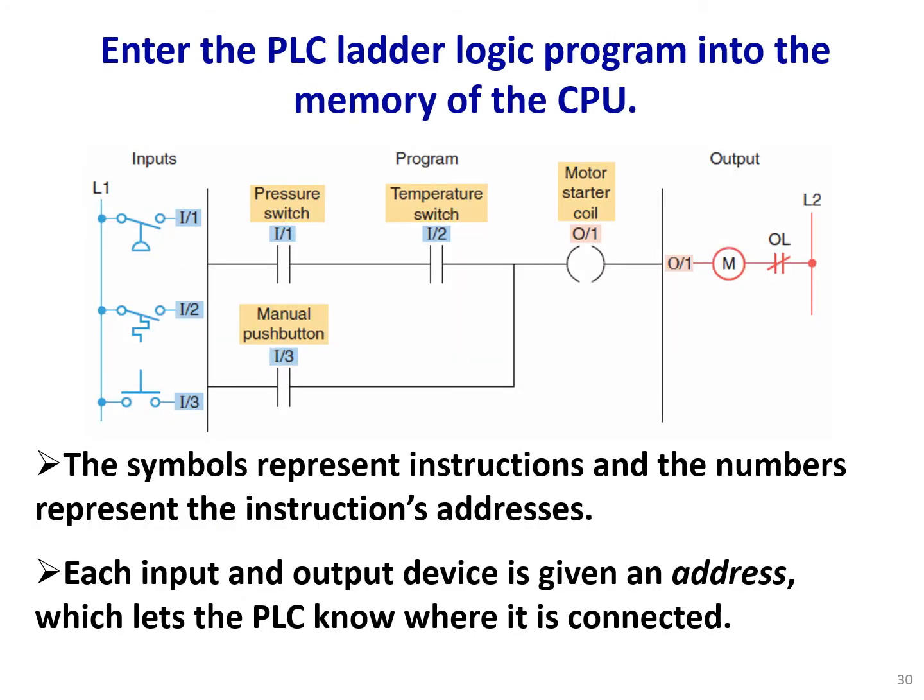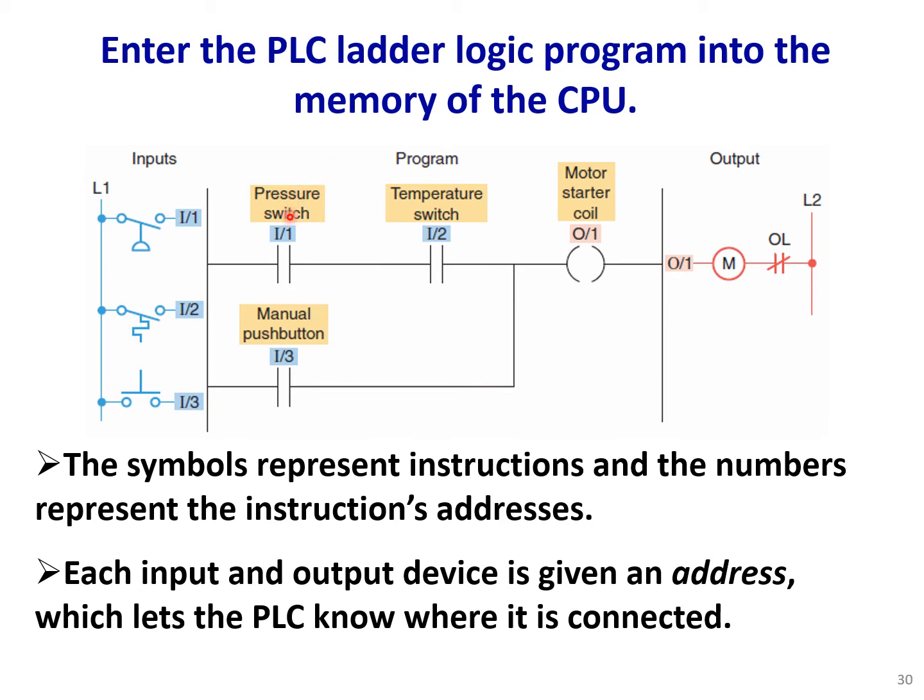And now we need to program our PLC. This is the ladder logic program that we need to download into the memory of the CPU. So you see that it's very similar to the hardwiring of contacts and coils.